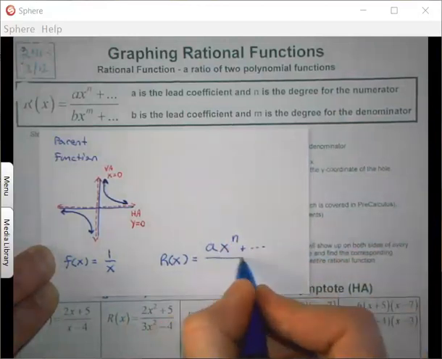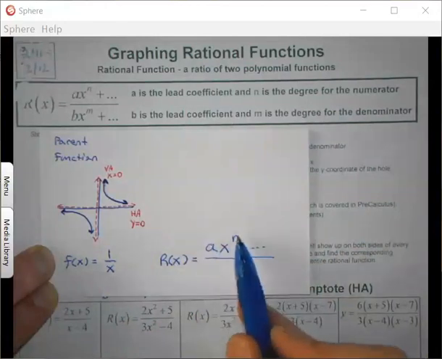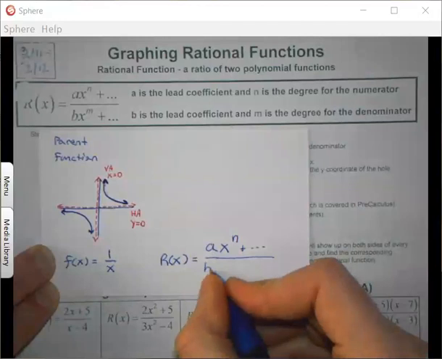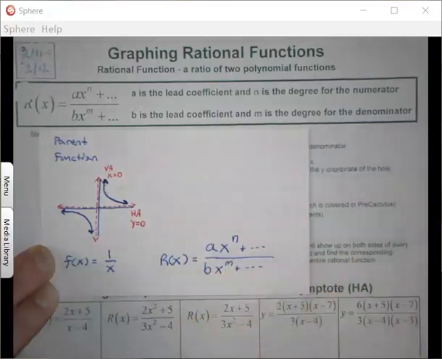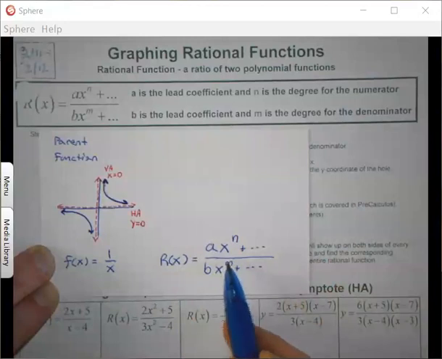Now that stuff could be anything. It could be variables. But when we are looking for the horizontal asymptote, the only things we care about is the leading coefficient and the exponent. Same for the denominator. Plus stuff. Again, that could be a lot of different stuff. It could be more complicated. But for looking for the horizontal asymptote, again, we only care about leading coefficient and exponent.